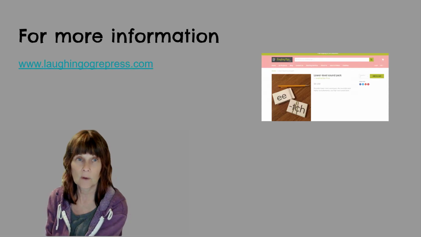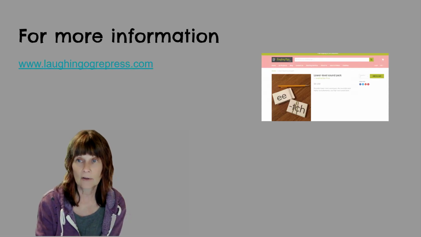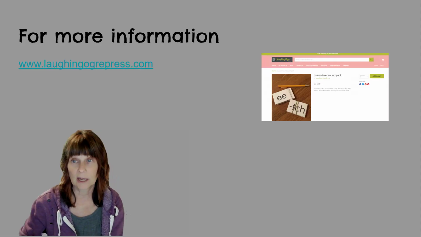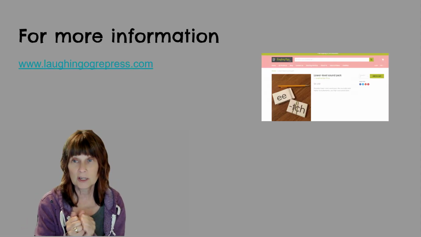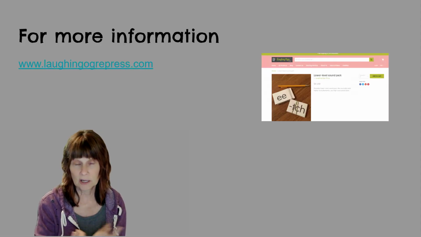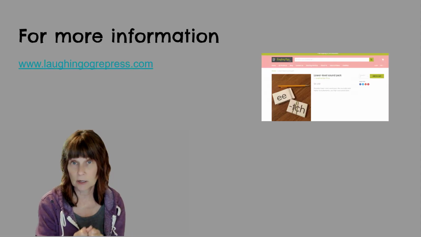The other thing that a lot of people find handy are the phoneme grapheme cards. I just refer to them as my sound pack. So you can download one off my website. It's free and you can print it out on a cardstock and then just cut it apart.